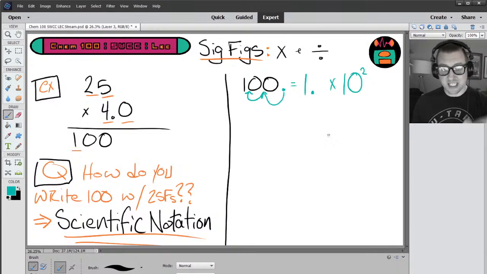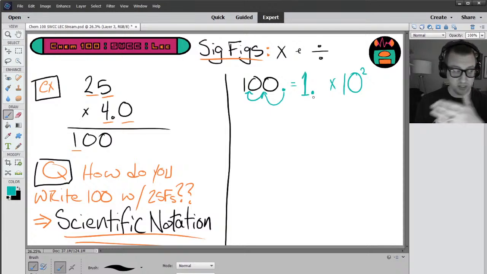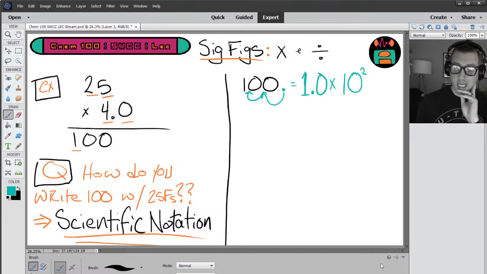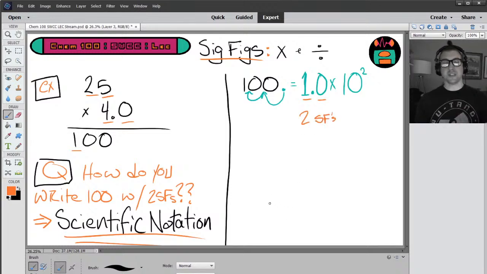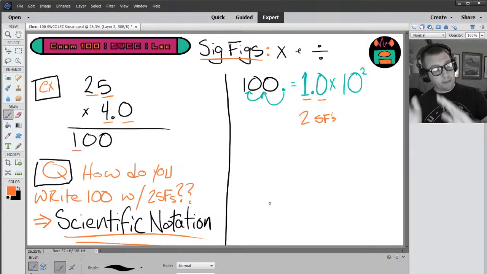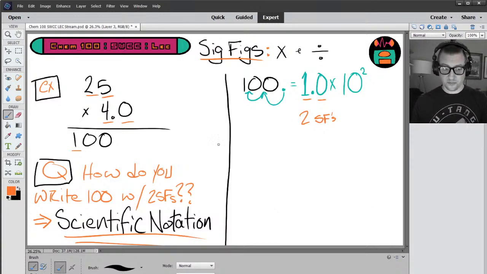But the beauty of scientific notation is we don't have to write this as 1 times 10 squared. We can write it as 1.0. And 1.0 has 2 sig figs. So scientific notation allows you to write a number with the same value as 100, but that only has 2 significant digits in the answer.